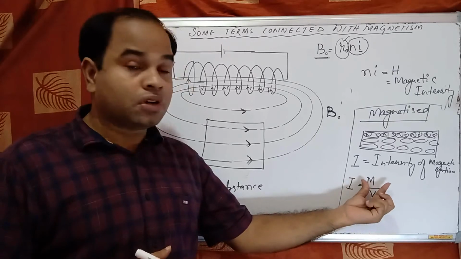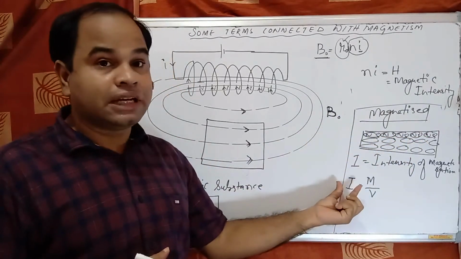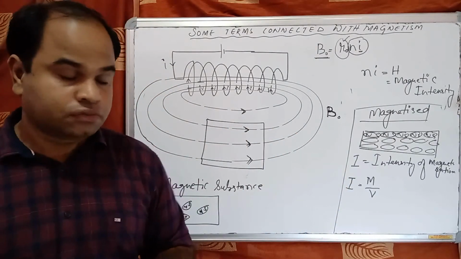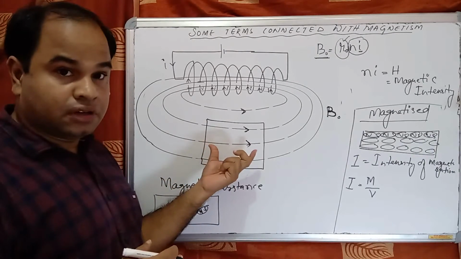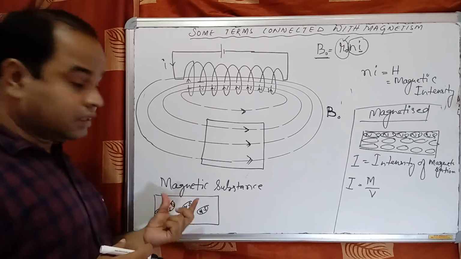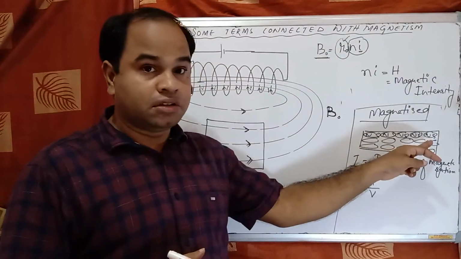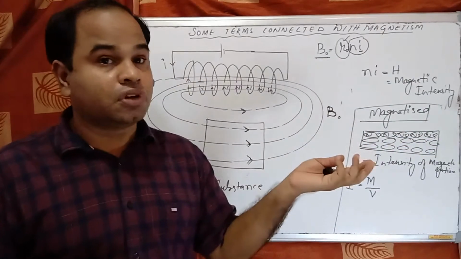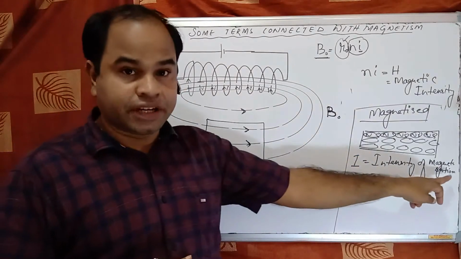The more dipoles aligned in a particular direction, the more the intensity of magnetization. The dipoles which were randomly distributed before in the magnetic substance are aligned in a particular direction. The process is called magnetization.